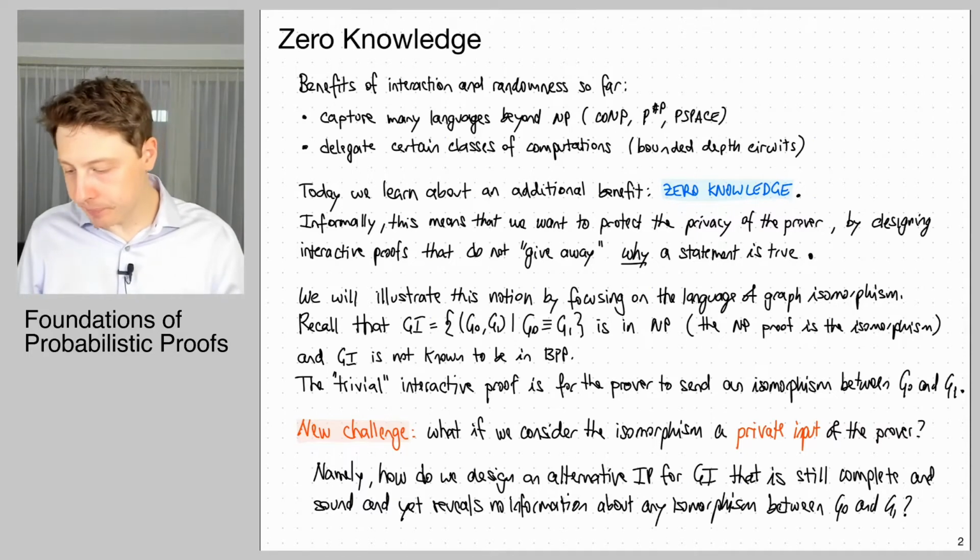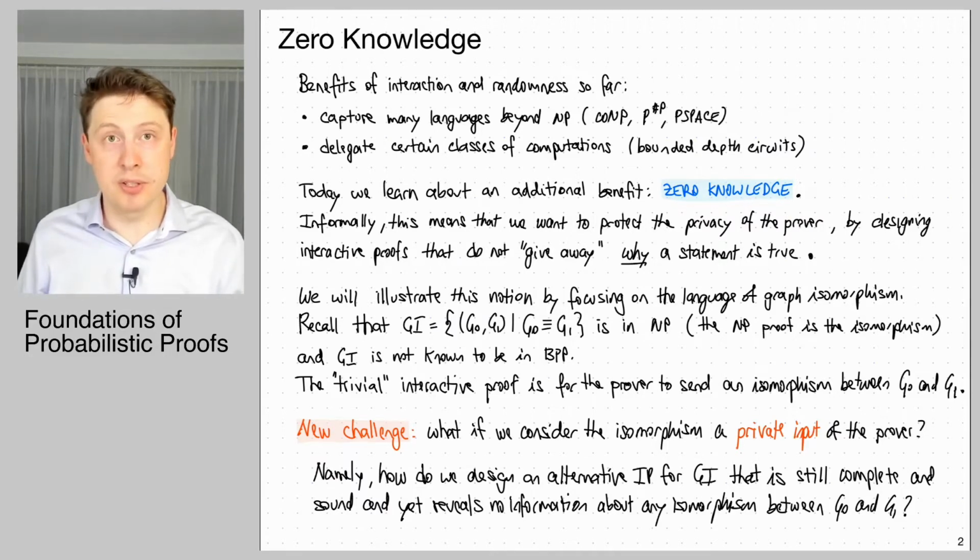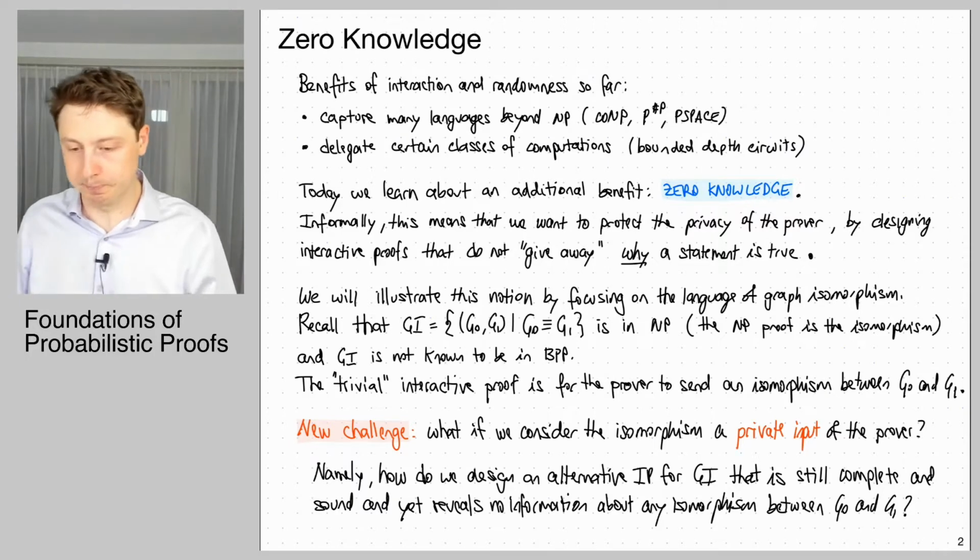Now, I should say that we'll not discuss it much in this course, but the property of zero knowledge is very useful in the real world, and to construct efficient zero knowledge proofs, one of the foundations for that is indeed many of the tools that we talk about in this course.